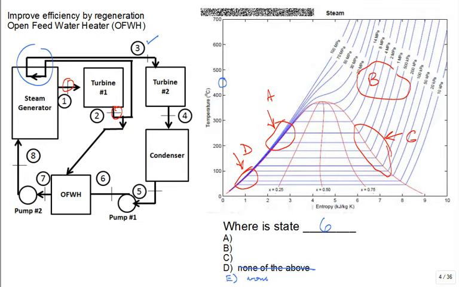They are. So at 6, you boosted it to 1 megapascal, and this is 1 megapascal. The pump takes it from 7 to 8, and now it boosts it up. So it's 1 megapascal in, 2 ins, 1 out, all at that open feed water heater. The open feed water heater has the same pressure.